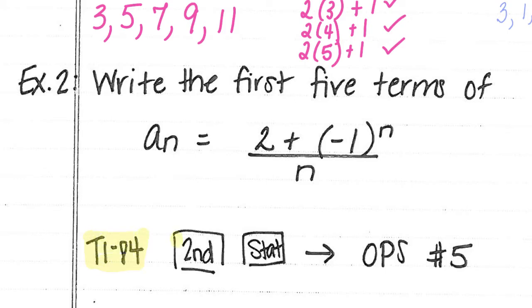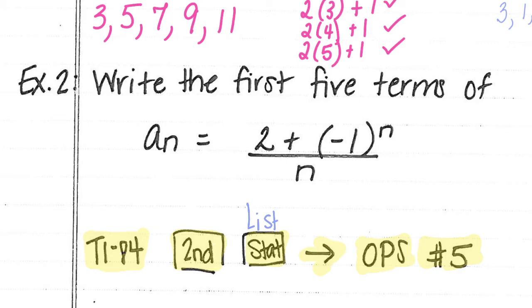You're going to go to second stat. In stat, you're going to scroll over using those gray buttons to go to OPS, and we're going to be at number 5. If you notice, this stat is really not called stat, it's called list. When you hit second, list is on top, that is the blue thing. And when I hit number 5, it says sequences with a parenthesis.